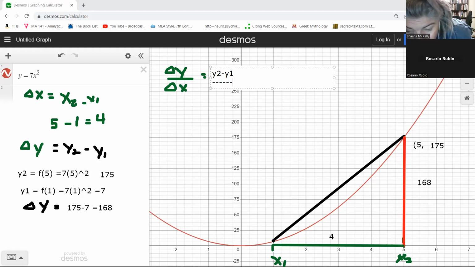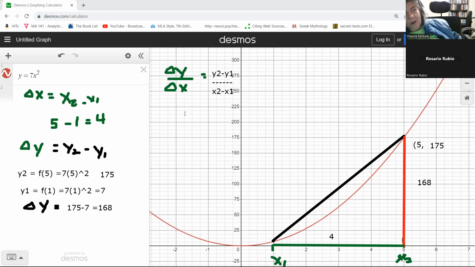And what does that represent? The rate of change. Okay. And what's another name for the rate of change? Look at the picture, look at the black line.